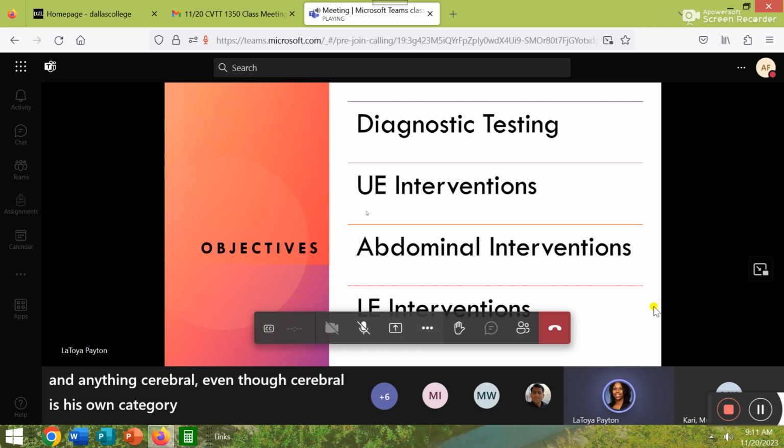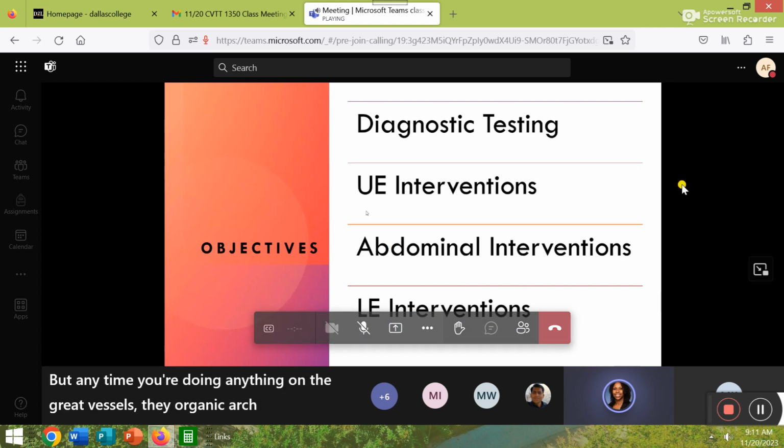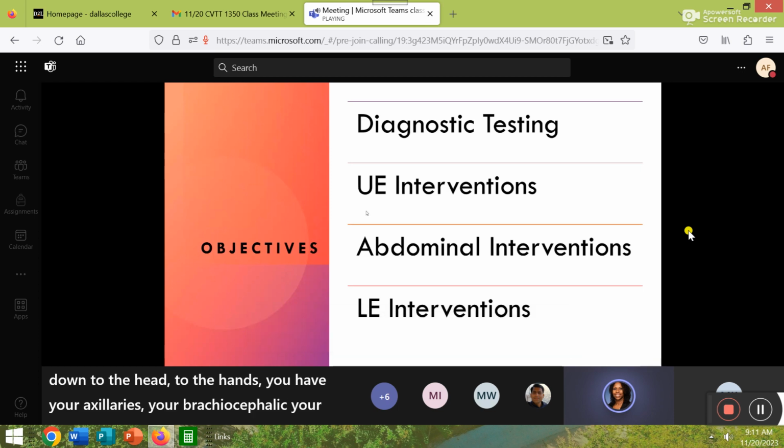Anytime you're doing anything on the great vessels, the aortic arch, the subclavian, moving down from the armpit to the hands, you have your axillaries, your brachiocephalics, your brachial, all the way down to the radial and fingertips. Those are all upper extremity.